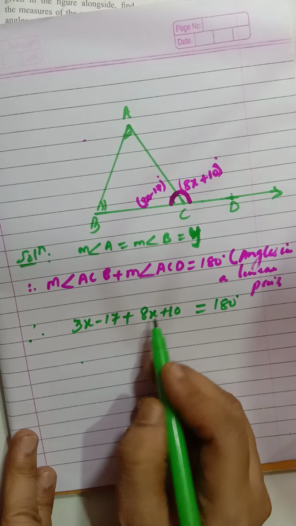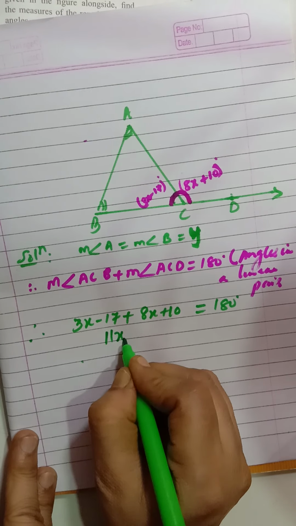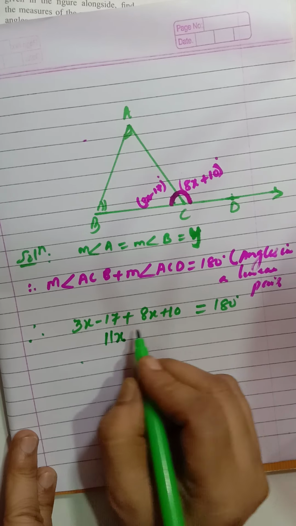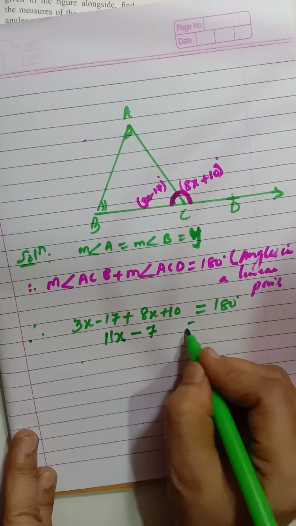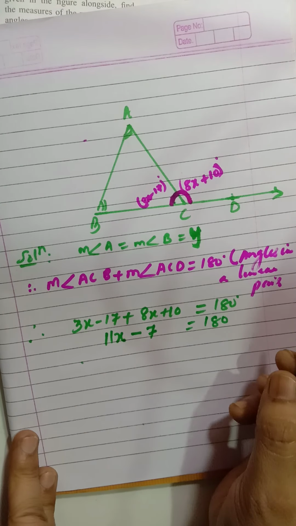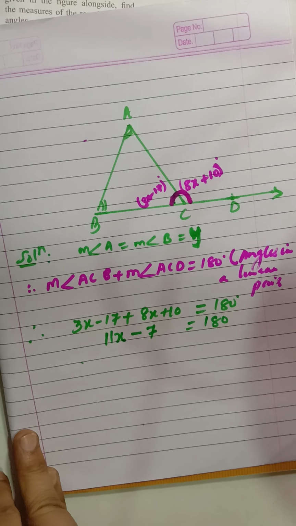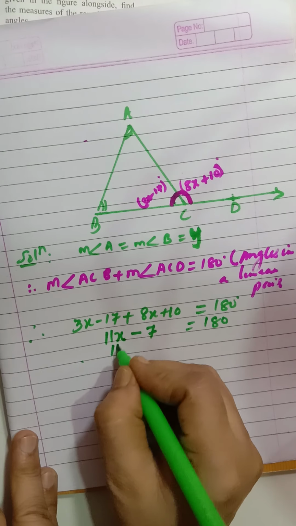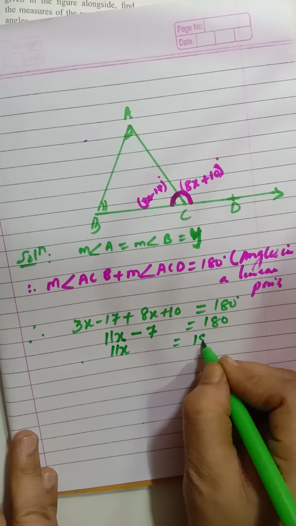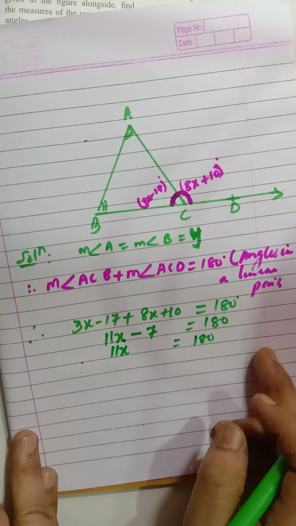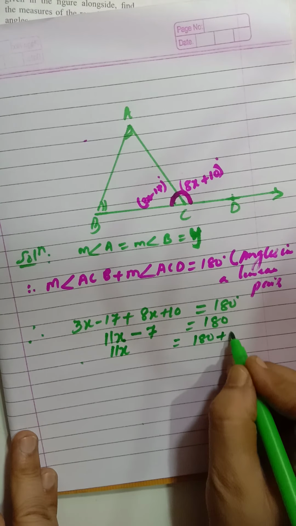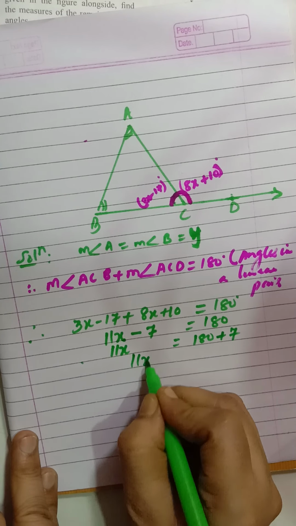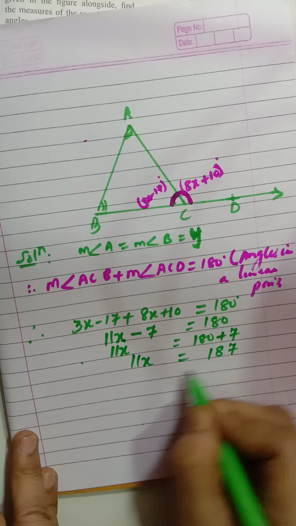Therefore 3x plus 8x becomes 11x, and minus 17 plus 10 becomes minus 7. This is equal to 180. Now 11x is equal to 180, and minus 7 goes to that side, so it becomes plus 7. So 11x is equal to 187.